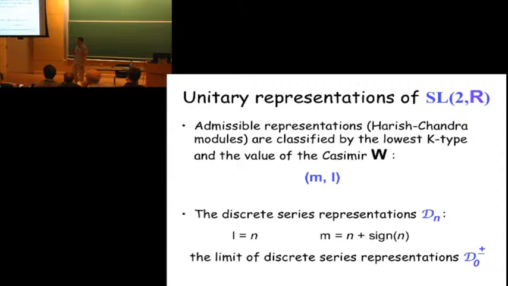And now let's come back to our crash course on SL2R. There are several types of unitary representations. Here in this discussion, as I insisted, I wanted to make mu and lambda as general as they can be. So for SL2R, these would even be complex numbers if I allow myself analytic continuations.